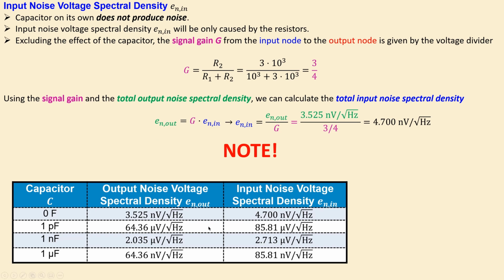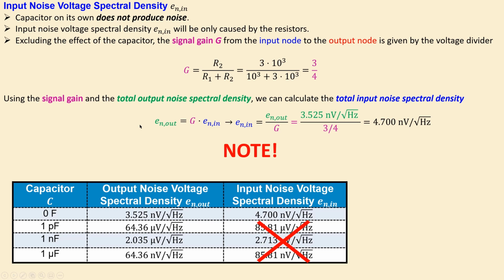So it is not that the value will be divided by 3 over 4. This value will not be divided by 3 over 4, and also not this one and also not that one. So these three values you don't have, you only have the 4.7 nanovolts per root hertz as your input noise voltage spectral density.